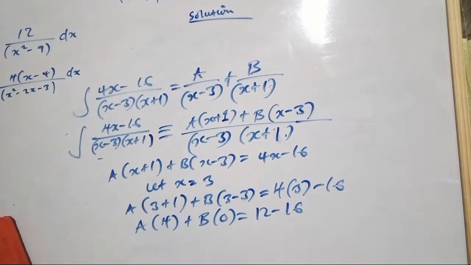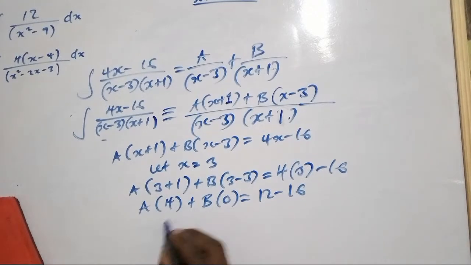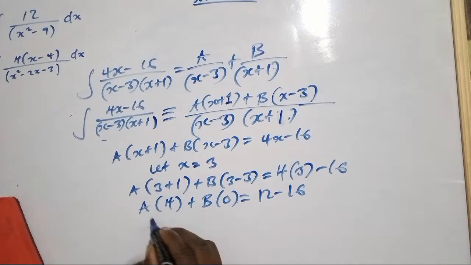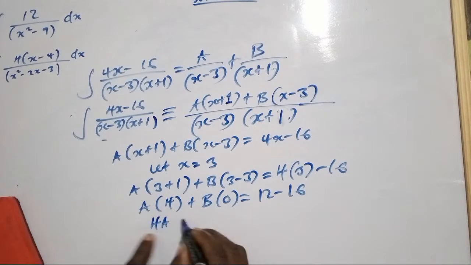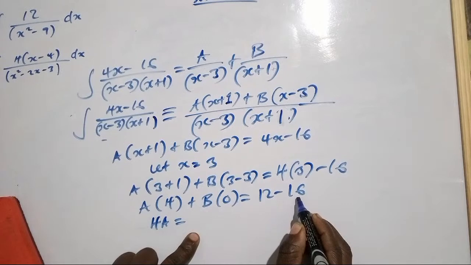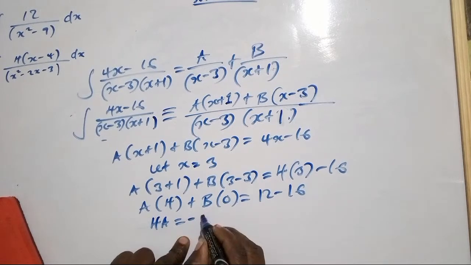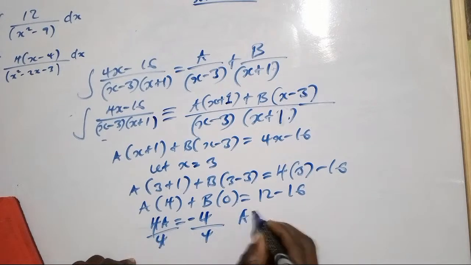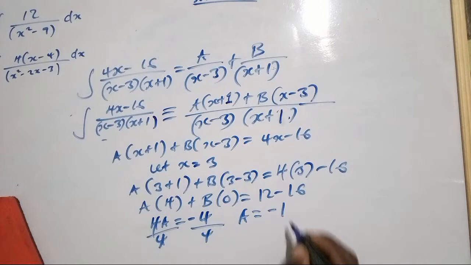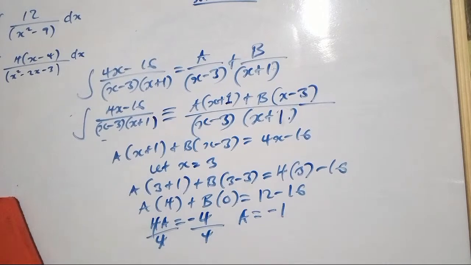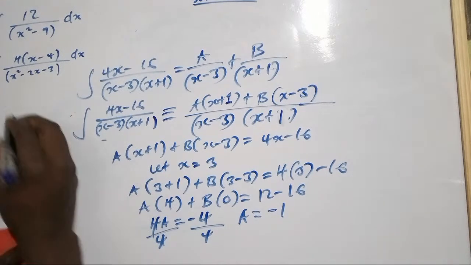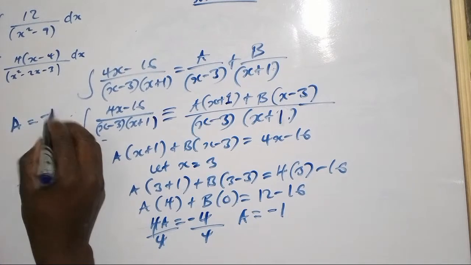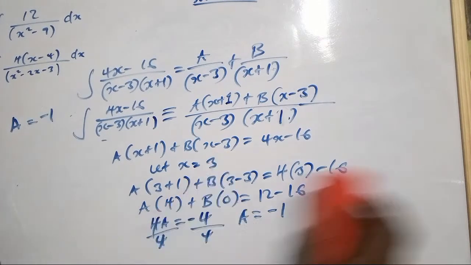You have a 0 there, so you're going to have A times 4, which is 4A, equal to 12 minus 16, which is minus 4. Then you divide by 4 on both sides, so A will be equal to minus 1. Now we have found that A is minus 1. Now let's find B.